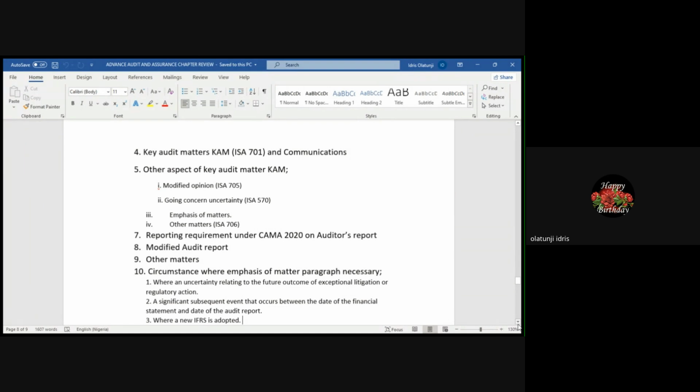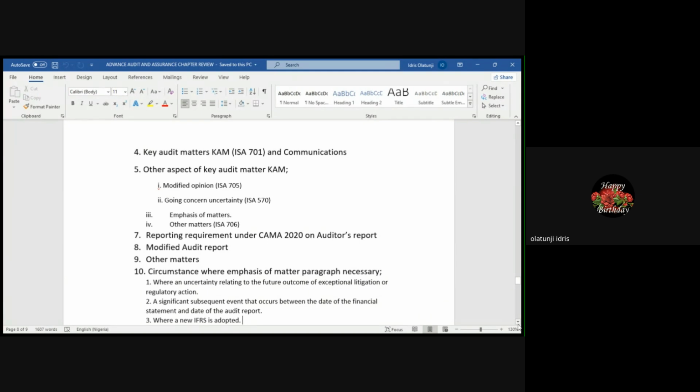So this chapter also talks about going concern, that is, a situation whereby the auditor has substantiated that there is going concern uncertainty. The auditor has to create a paragraph explaining the going concern uncertainty in the auditor's report.